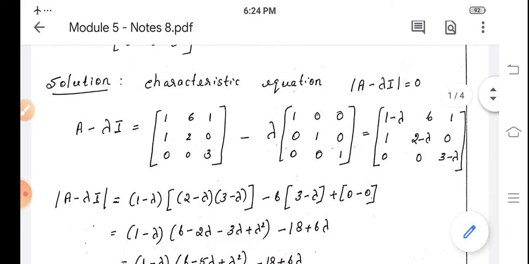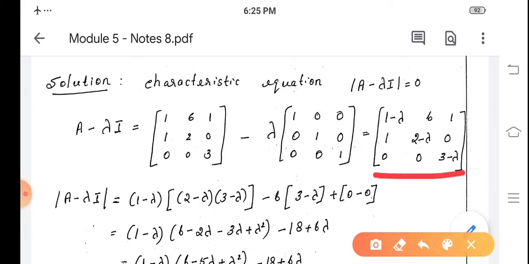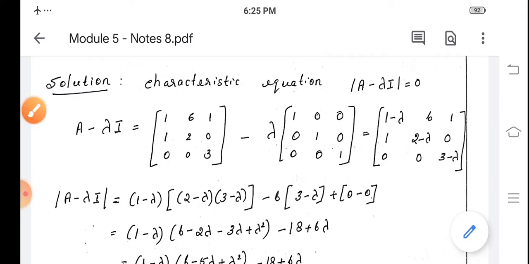Now we get A minus lambda I as first row 1 minus lambda, 6, 1, second row 1, 2 minus lambda, 0, and third row 0, 0, 3 minus lambda.